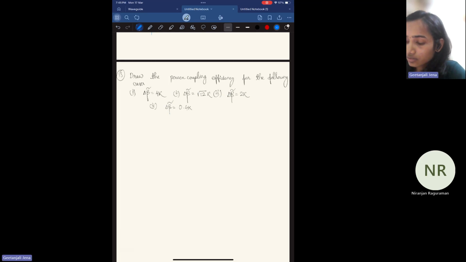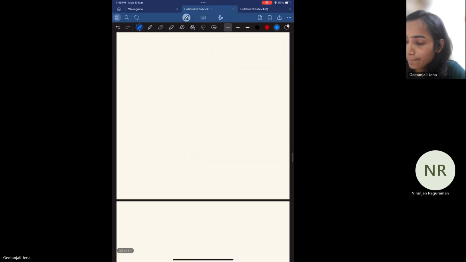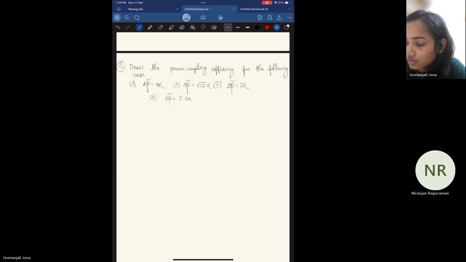For this question, it also asks about how the coupling length will be affected, and how the coupling efficiency will be affected.